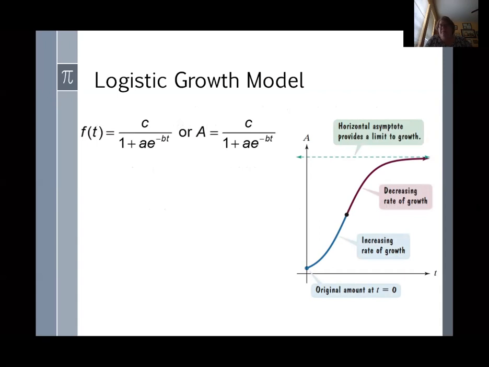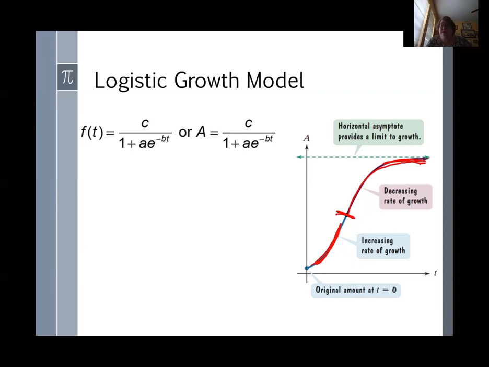So it starts off increasing very rapidly down here, but at this point here, the increase in growth starts slowing down until it reaches this plateau. So it actually approaches a horizontal asymptote.